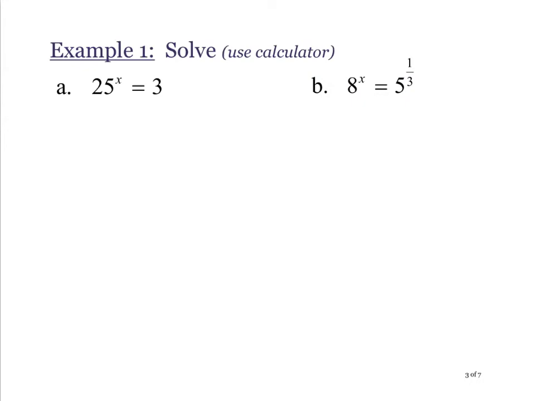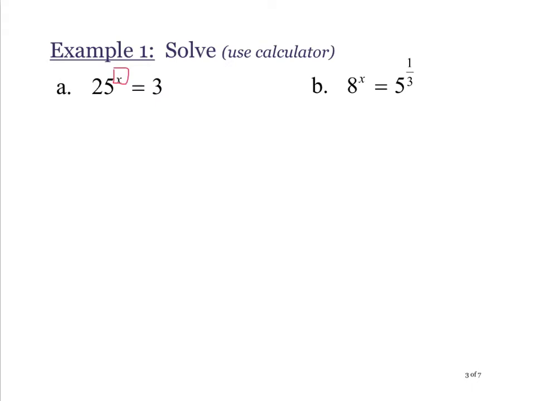So now we have example 1. I want you to solve these; we're going to have to use a calculator. And why do we need to use a calculator? Because we can't put them to the same base. So to undo something that has an exponent, if you remember back to the a to the t problems, we took the log of both sides.